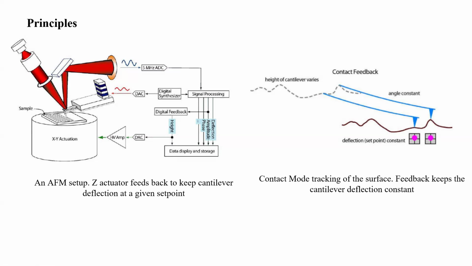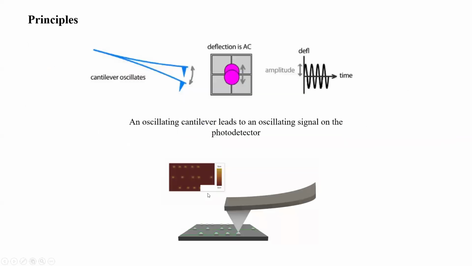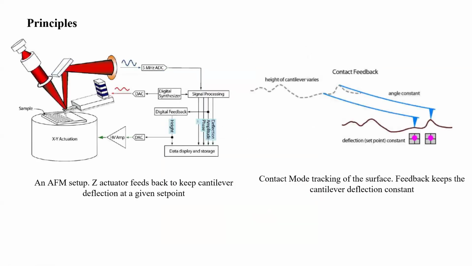The change in deflection causes the laser to reflect at the photodiode, which thereby results in taking of an image.